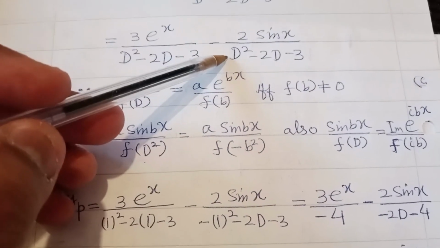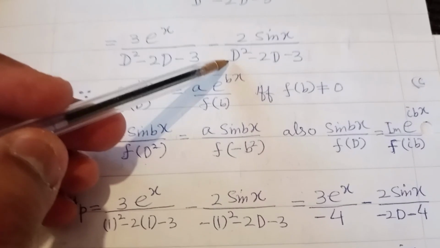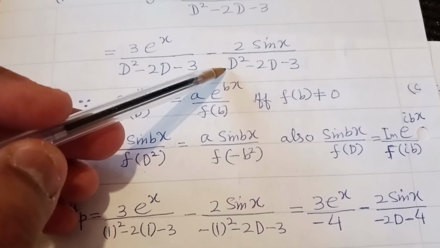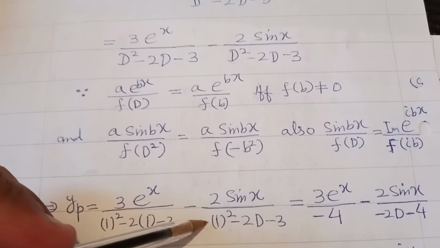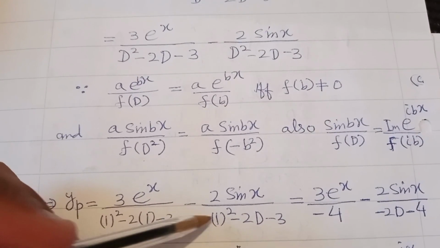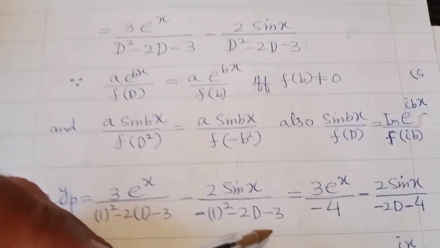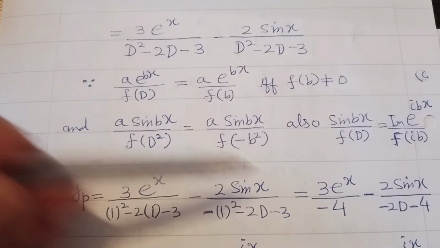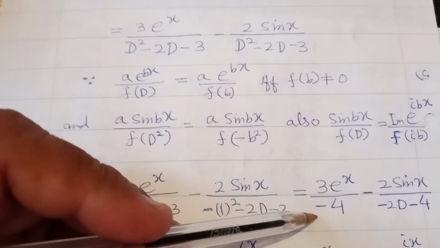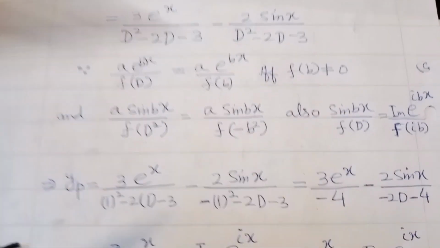So in place of D² we replace −b². This will be a separate negative sign, and b is 1, so −1² − 2D, where D remains as it is, − 3. So the first part will be 3e^x / (−4), minus 2 sin x divided by (−2D − 4).